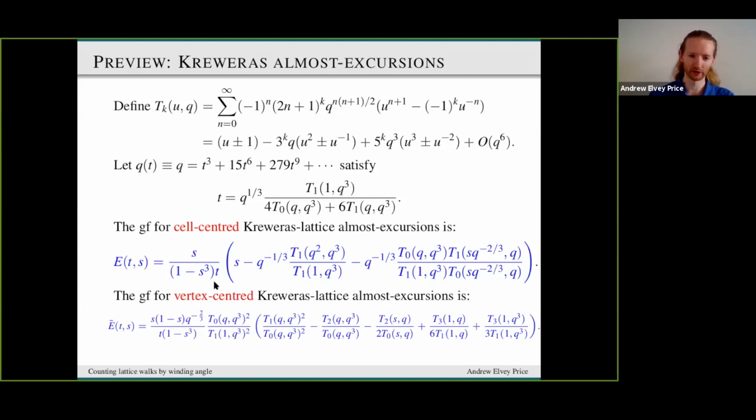Then these are the expressions for E(t,s) and Ẽ(t,s). Now that q is a series in t, these are each series in t and s. This is the sort of thing that the solutions look like. These could equivalently be written in terms of the theta function; this way just makes it more clear that it's actually a power series.